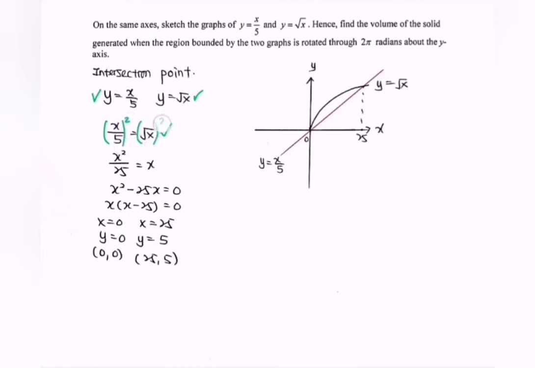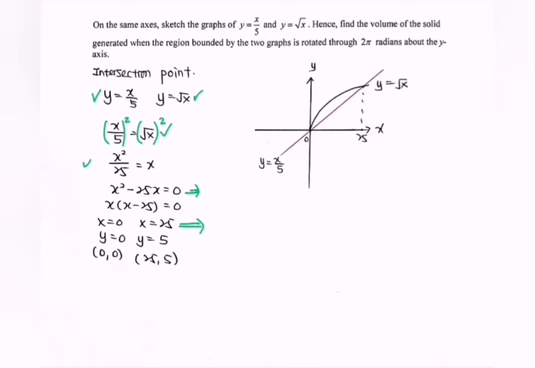So if we square both sides, we will have x squared over 25 equals x. Then kindly cross multiply and rearrange the situation, and we will have x squared minus 25x equals 0. So factorize the situation and we will have x multiplied with the bracket x minus 25. So finally x equals 0 and x equals 25.